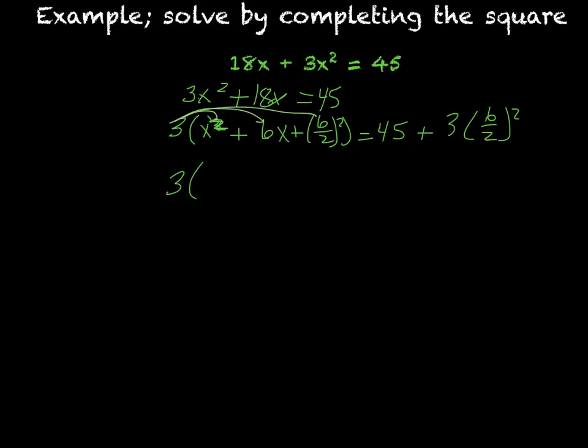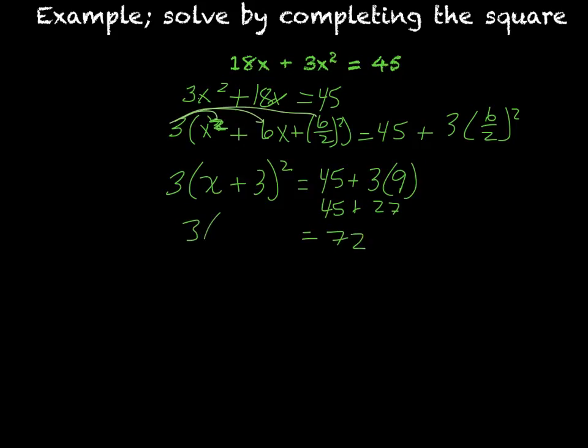So 3 times x plus 3 quantity squared equals 45 plus 3 times 6 over 2, which is 3. 3 squared is 9. 3 times 9 is 27. So I have 45 plus 27, which will give me 72.